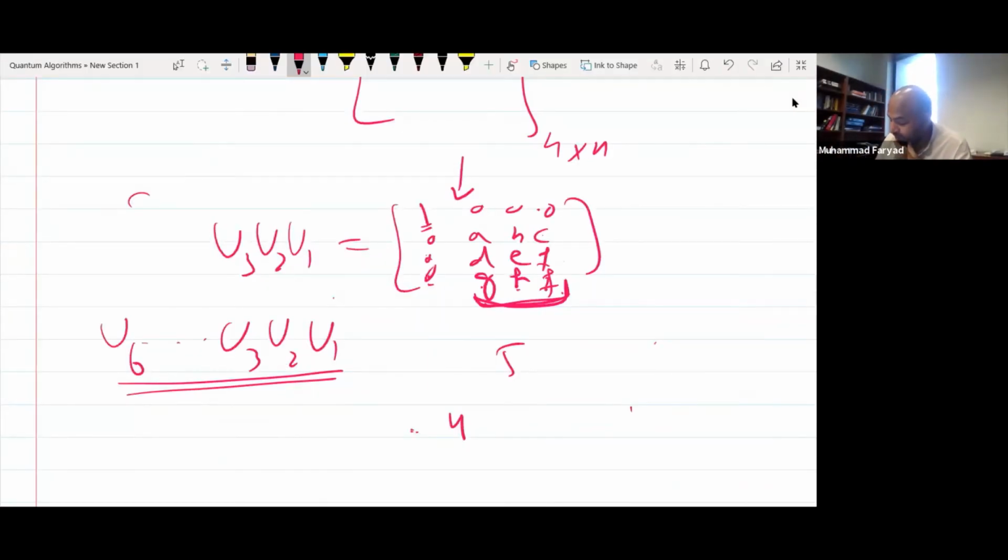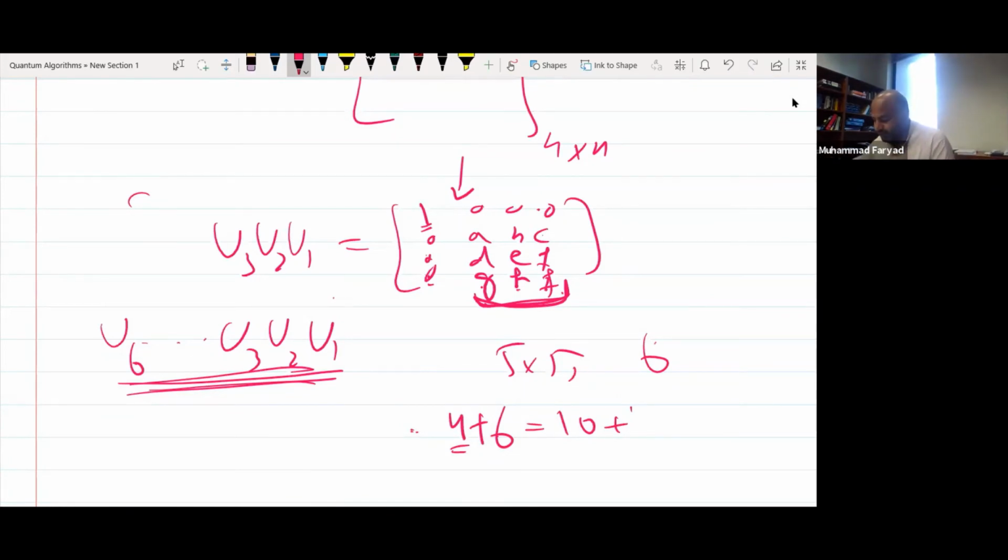Anyway, if you have a 5x5 matrix, first you need 4 gates to have 4 zeros in the first column, and then you will need 6 more gates just like this. And if you have 6, then you add 6 more and so on.